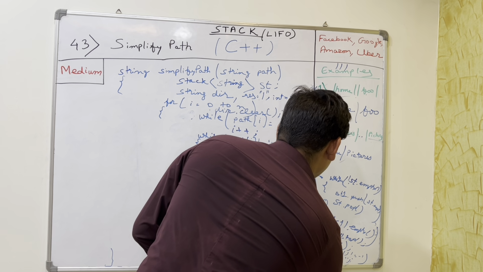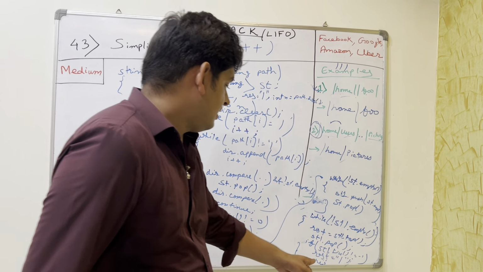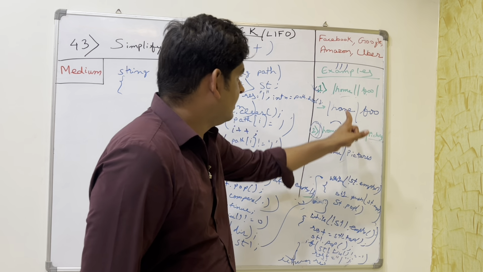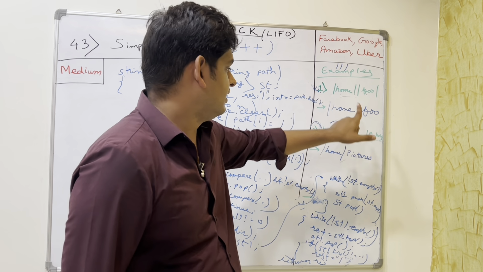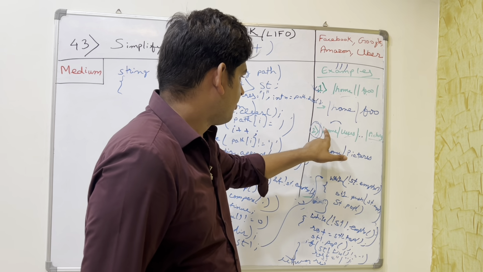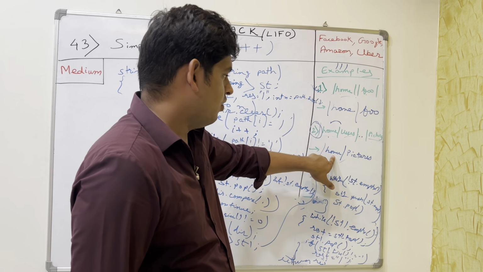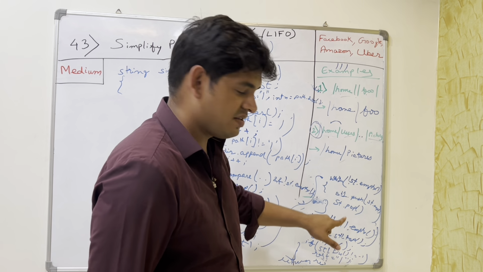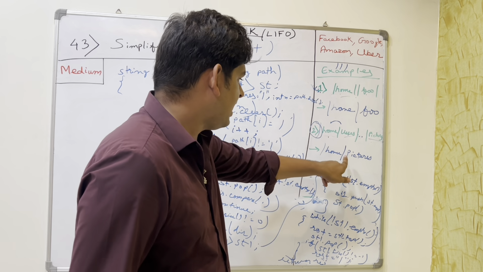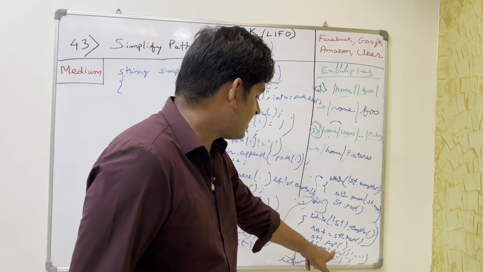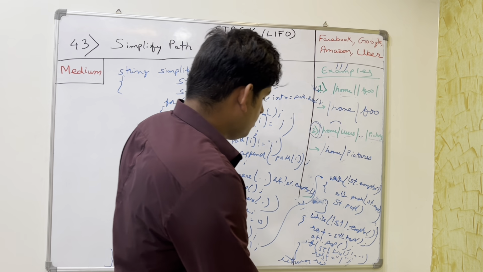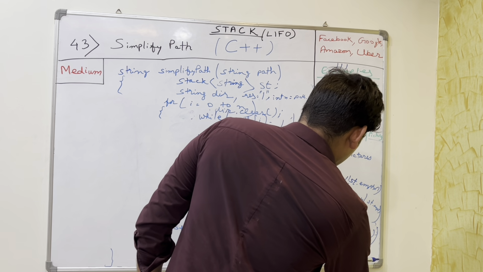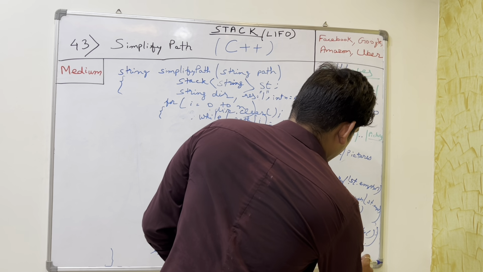So the thing is, after adding the string, here home, so slash is there in the result, I have added home, then again I need to add slash because slash is not there in the stack. So I'll add slash when the stack size is not equal to 1.